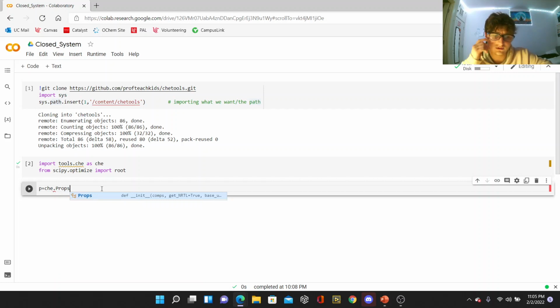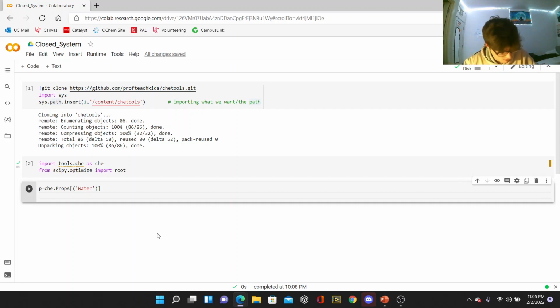So pretty much we're going to take the properties from those chem tools, and from there we're going to take the property of water, which is the big part of what we're doing.